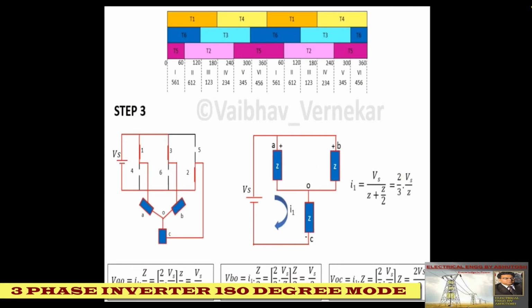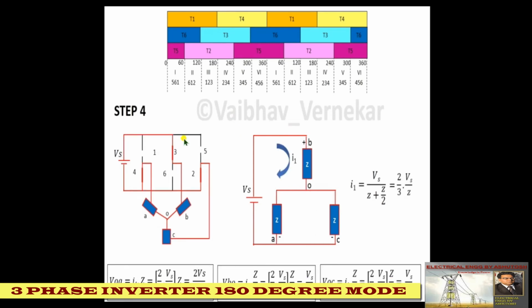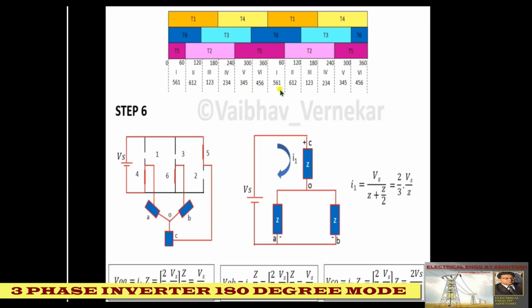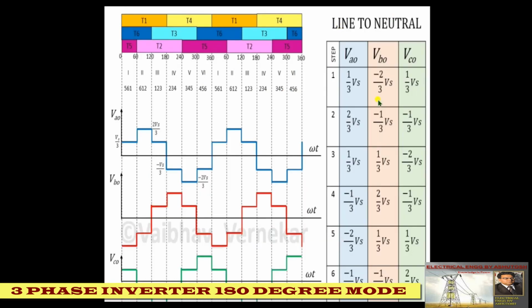Step 3 is where 1, 2, 3 are conducting, and we have calculated the voltages like this. Then step number 4, where 2, 3, 4 are conducting, then step number 5, and step number 6, where 4, 5, 6 are conducting, and our waveforms will be like this.